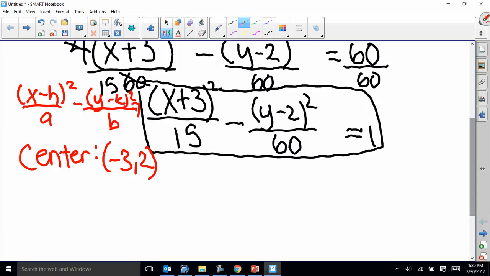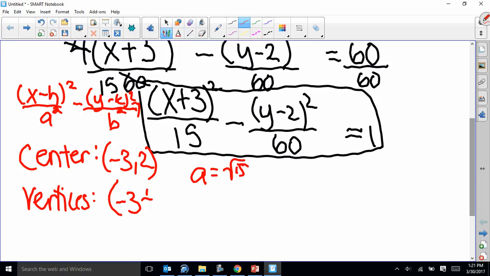To find our vertices, that's going to be h plus or minus a comma k. We know what a squared is. A squared is 15. So our a equals square root of 15, since this is a squared. So we'll have negative 3 plus or minus square root of 15, 2.